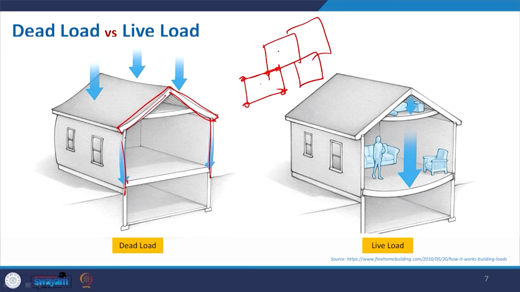For a kitchen it will be something different, because along with normal furniture, there will be some permanent furniture. When it is built permanently, even though it is in the furniture category, it will be considered as dead load, not live load. So, we need to understand that. Suppose you construct a slab or a cupboard which is permanent, made of some concrete or brick.